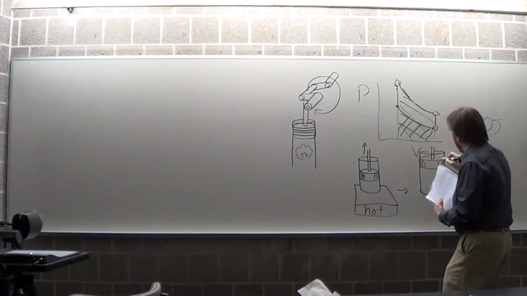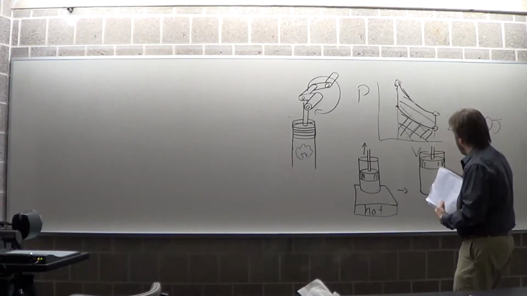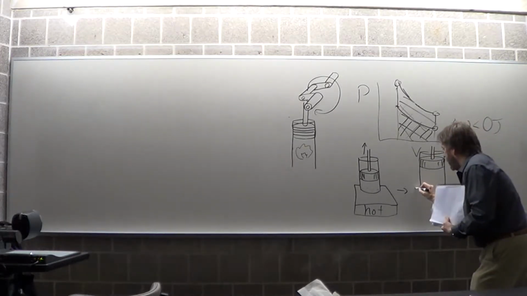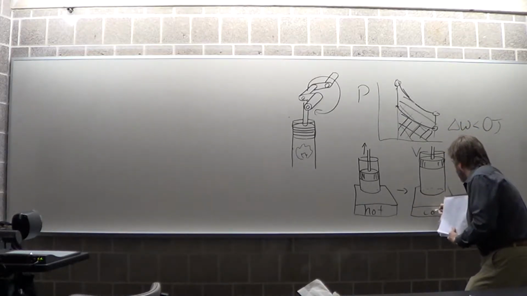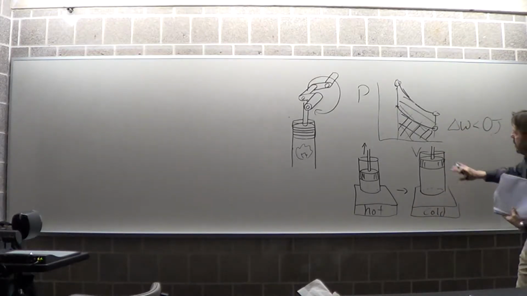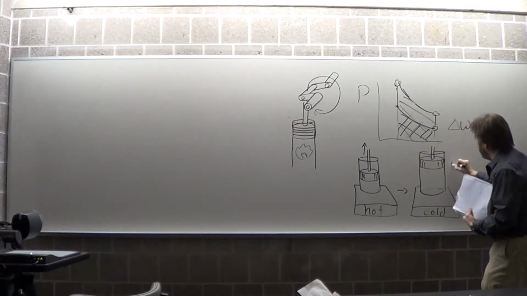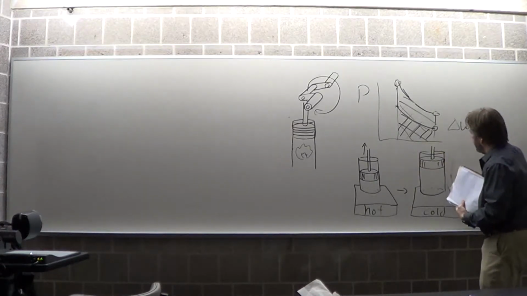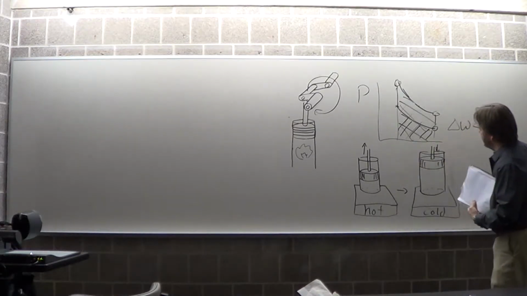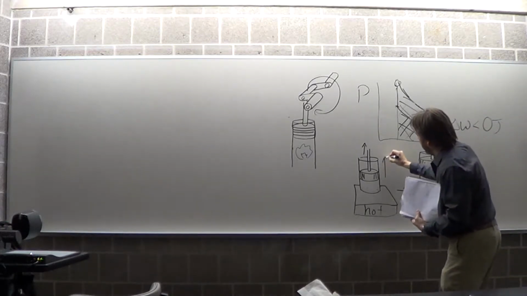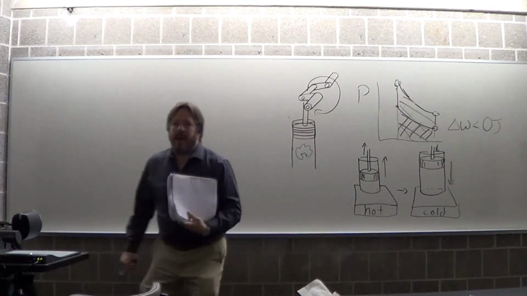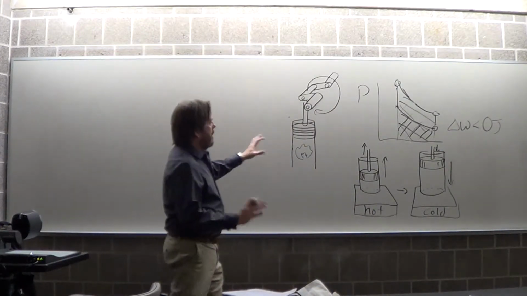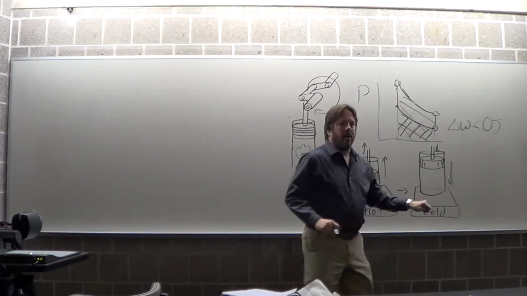Now it's sitting on a cold block. And of course, if it's cold, then the piston contracts. Let me draw that here so you can see it a little bit better. There we go. So again, the whole idea is expand hot, contract cold.